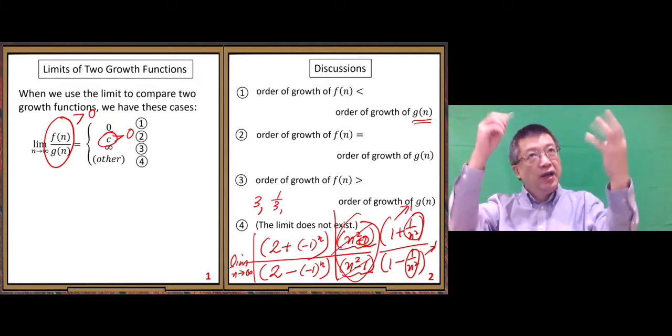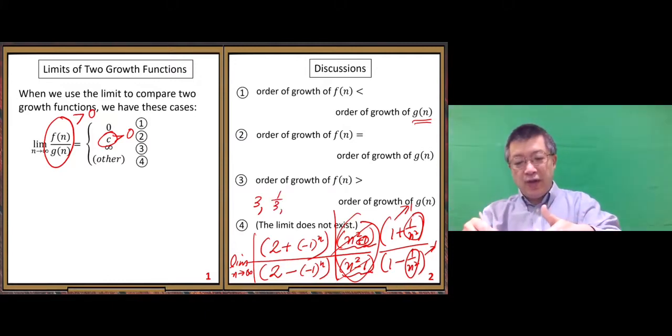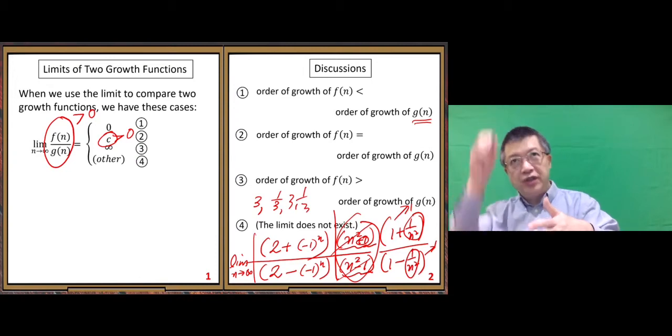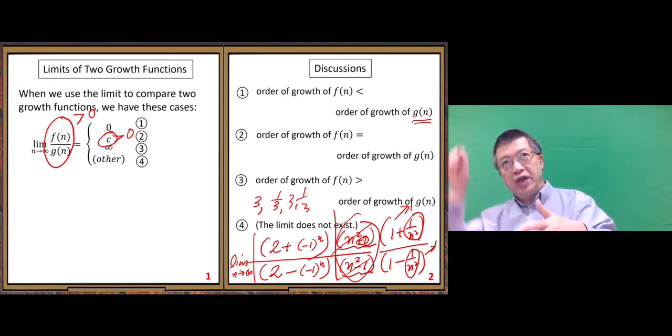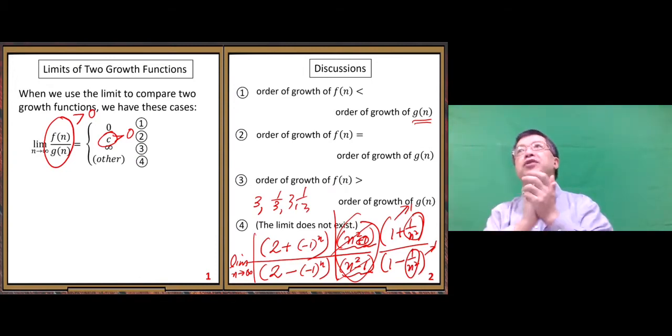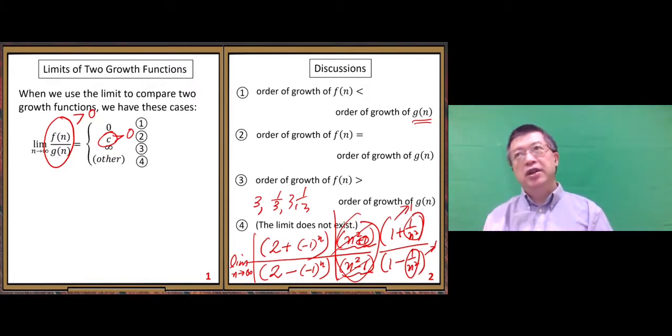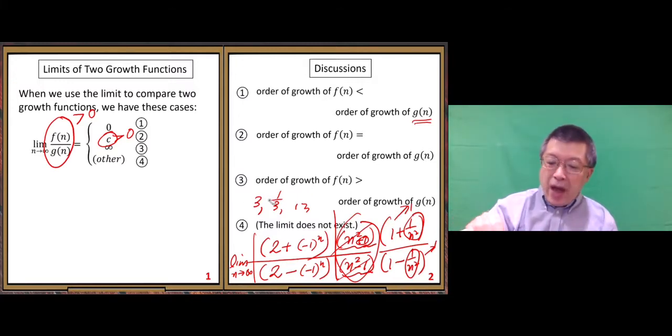So if we look at those numbers, 3, 1/3, fluctuation, up, down, then there is no limit. Okay? No limit. You cannot say the limit is 3. You cannot say the limit is 1/3. The limit does not exist.